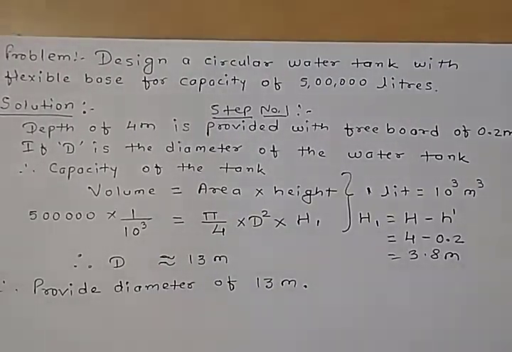Here we have calculated, first of all, what exactly the diameter of the water tank is. Basically, the design problem is to design a circular water tank with flexible base for capacity of 5 lakh liters, and depth of 4 meter we can assume, and freeboard also we can assume 0.2 meter. The capacity is already given.